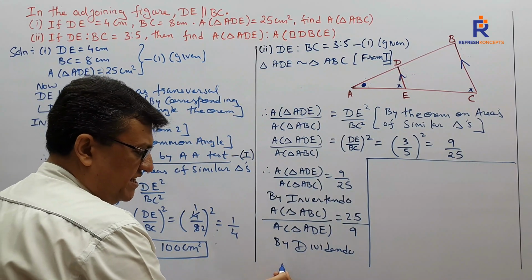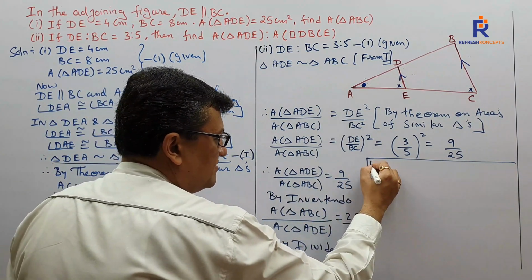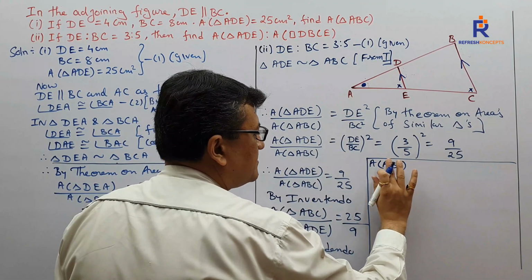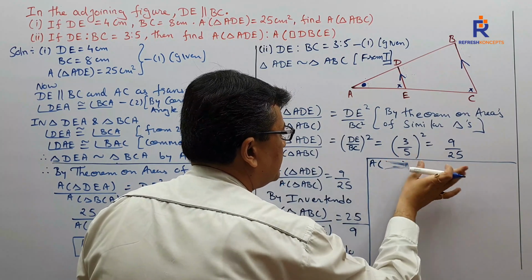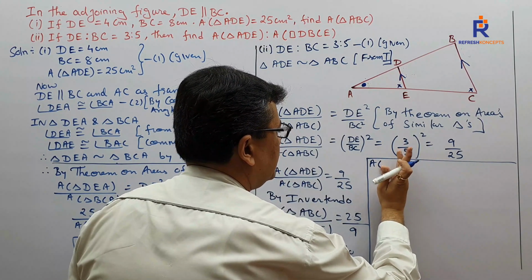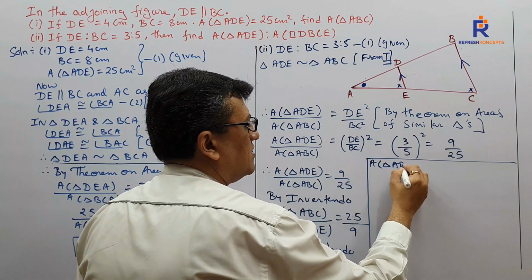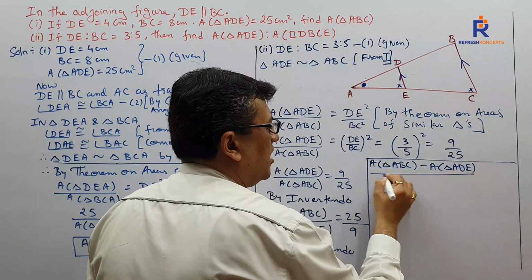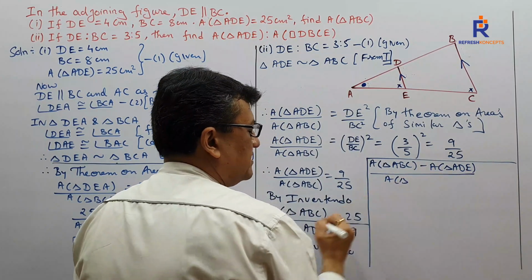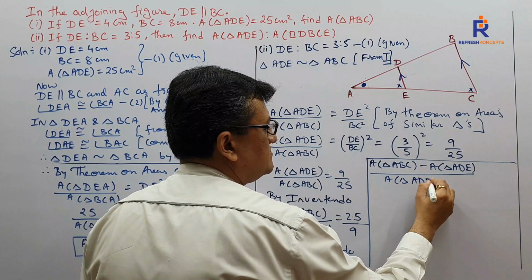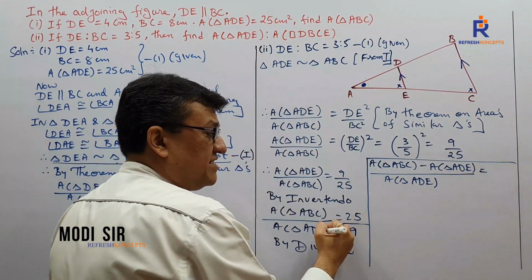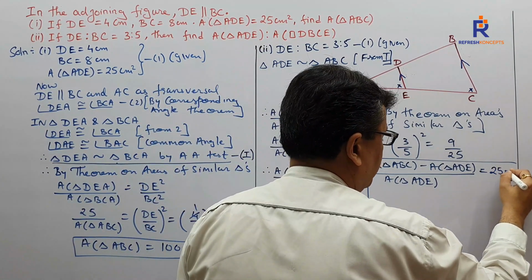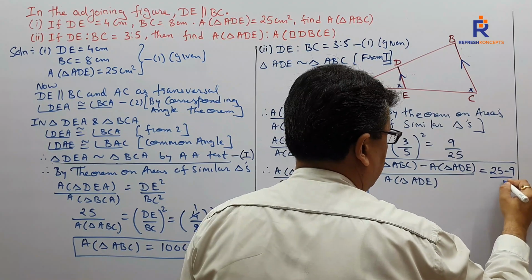By dividendo, it is area of triangle ABC minus area of triangle ADE upon area of triangle ADE, and simultaneously we are supposed to apply the dividendo property on the RHS also: 25 minus 9 by 9.